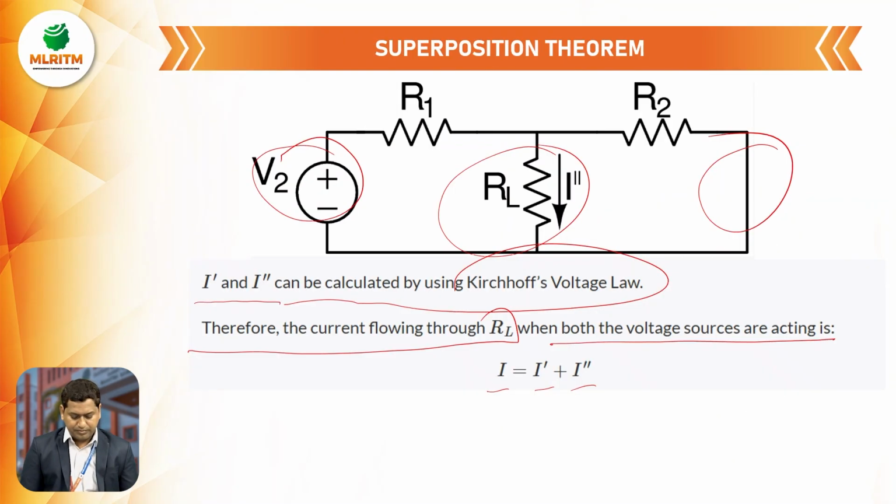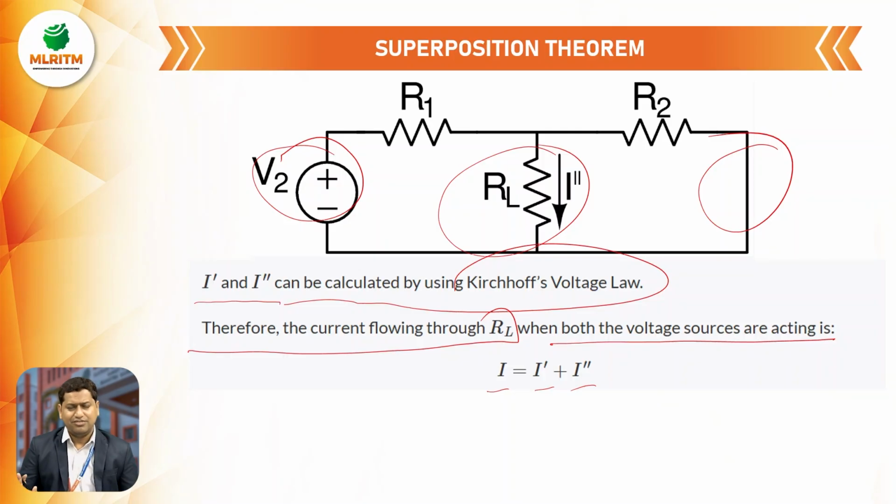Finally, I'm summing up the points we have discussed so far. The first point is that the superposition theorem must have more than one independent source. If there are two independent sources, then one will be acting and the other will be deactivated in case 1.